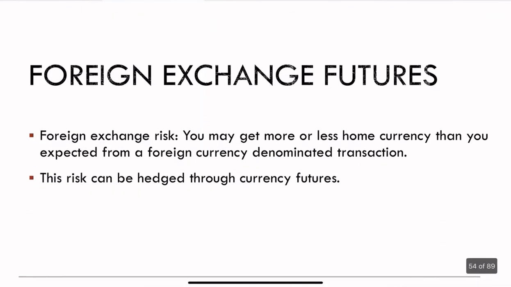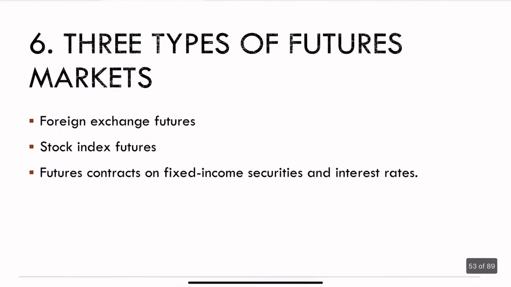It's pretty easy to see that foreign exchange futures are futures contracts based on foreign exchange rates, right? And equity index futures are based on the value of different indexes.